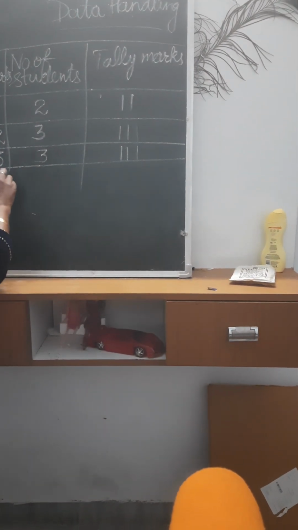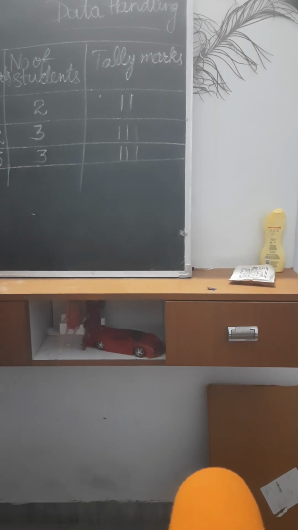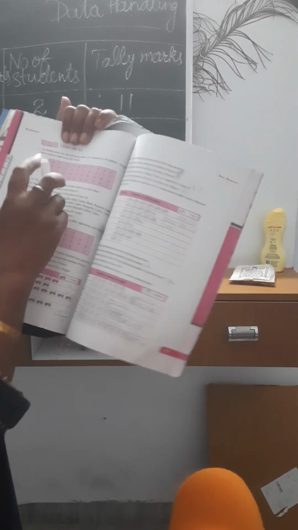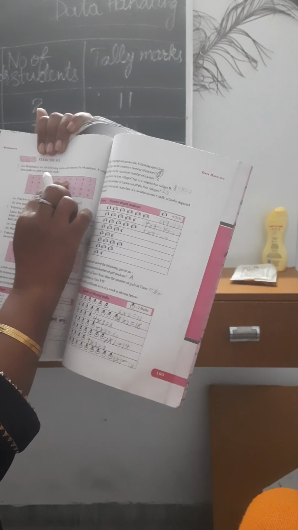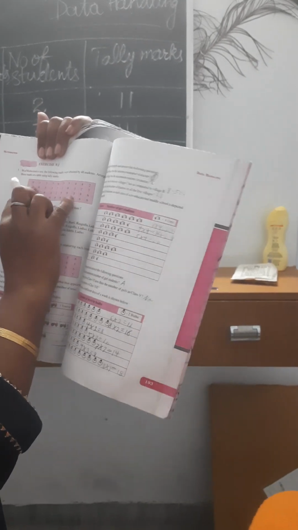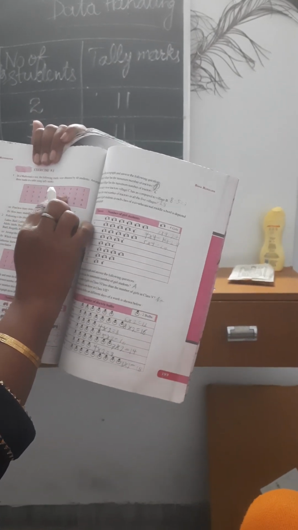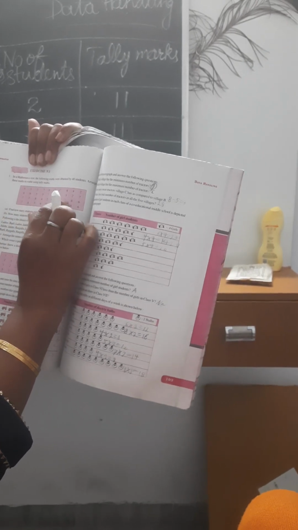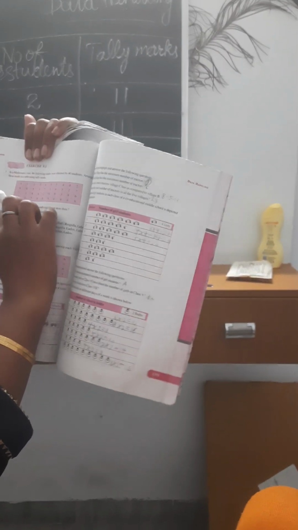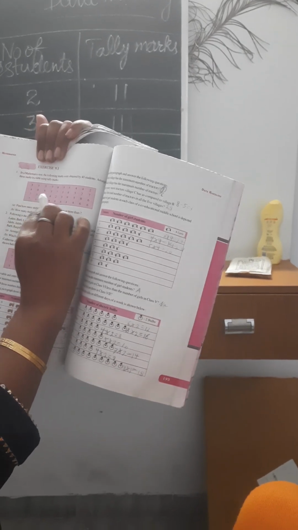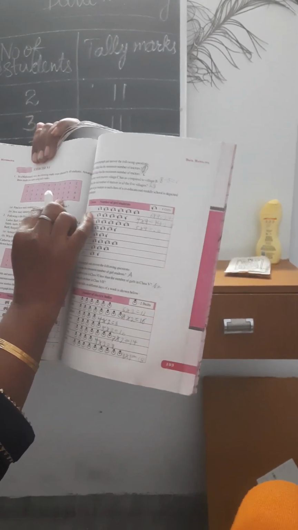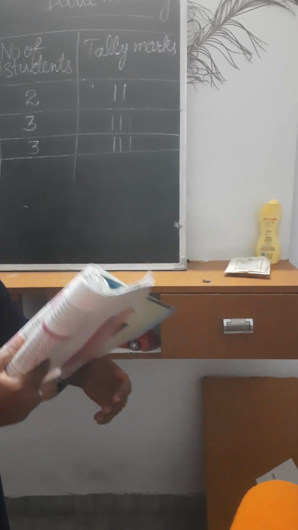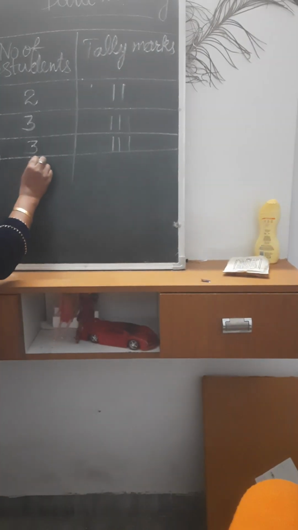Now let us see the next number 4. So we will see how many times 4 marks is coming over here. So if we see 1, 2, 3, 4, then 5, 6, 7. 7 times 4 is coming. So we will write here 7.